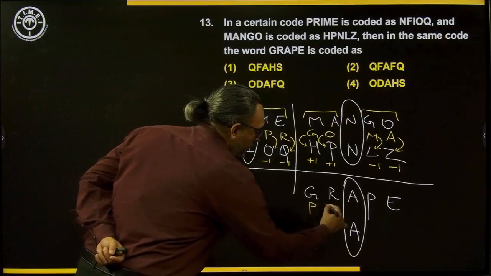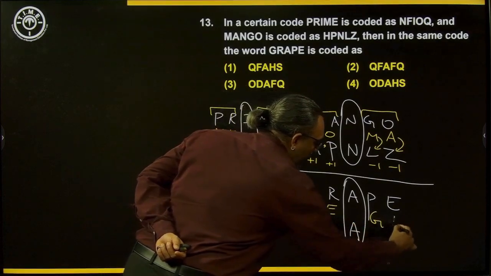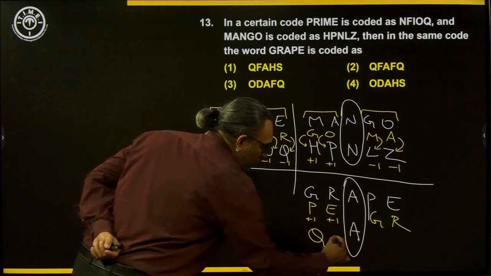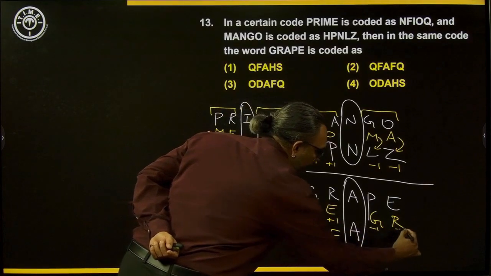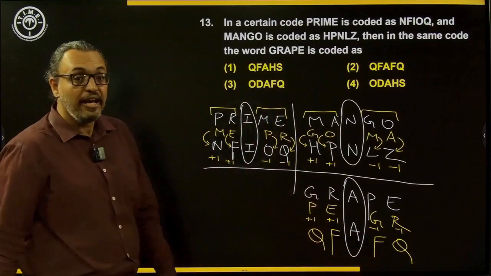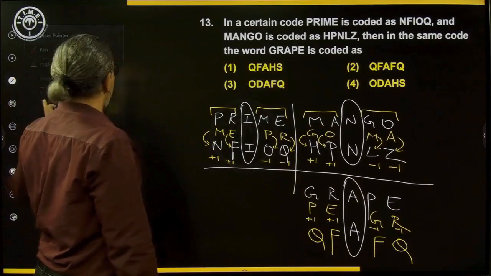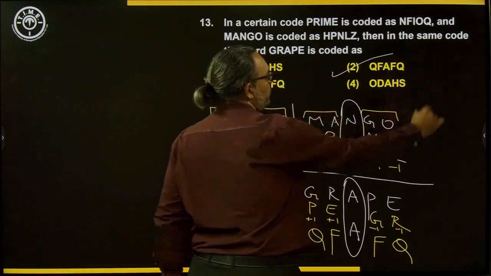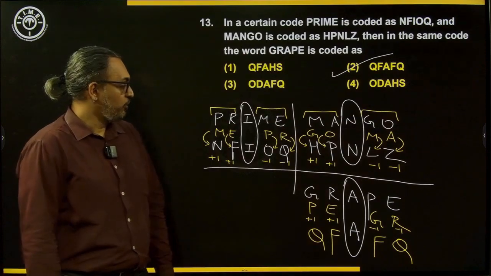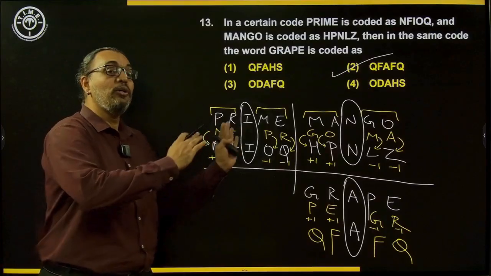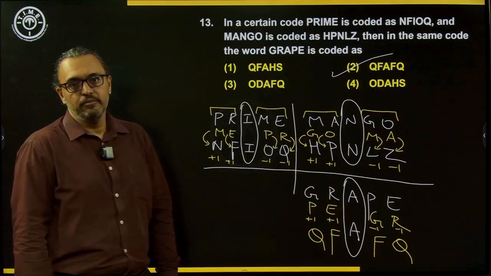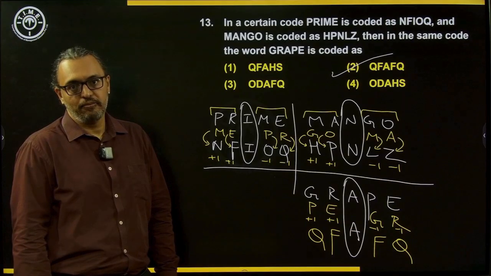We take PE and GR, and now we take the next alphabets for P and E, that gives you Q and F, and we take the previous alphabets for this, that gives you F and Q. So it is QF A FQ, and that is available to us in choice 2. Understood? When two examples are given, we need to match the logic in both. Then only it will be correct for my question. Got it?